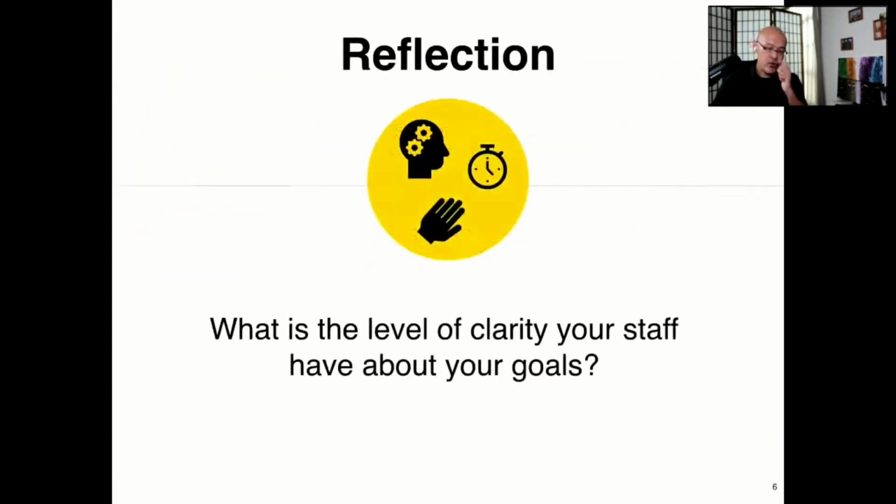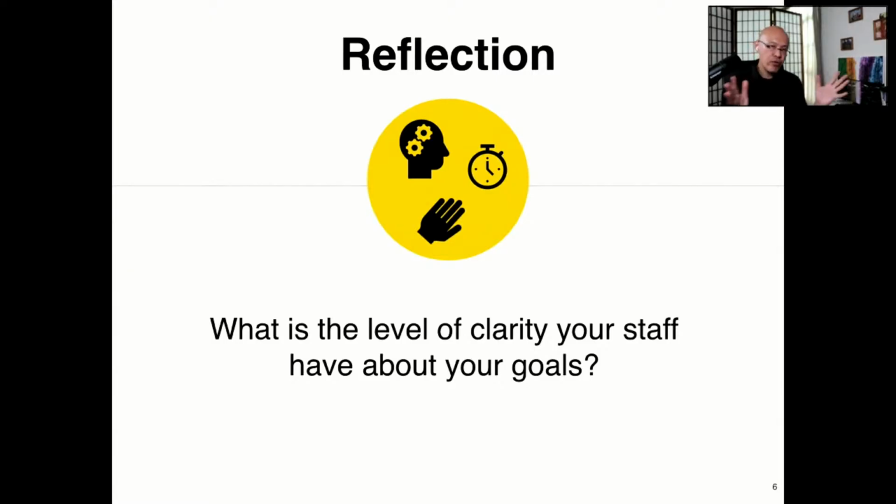So what I'd like you to do at this juncture is have a look at your staff goals and see what the level of clarity is in the staff goals that you have. Does it have the be component? Does it have the have component? Does it have the do component?